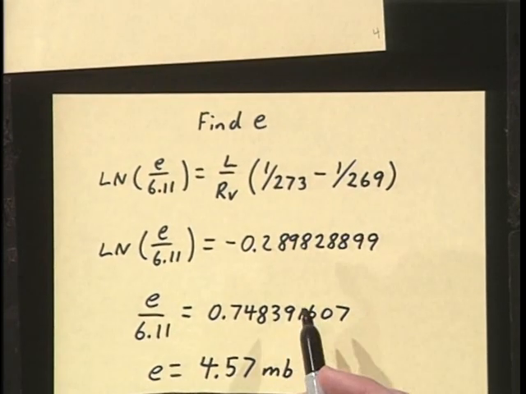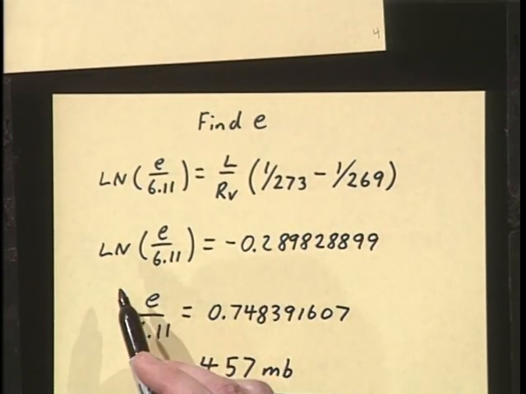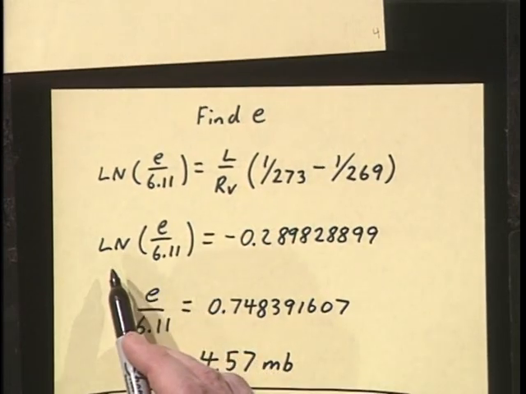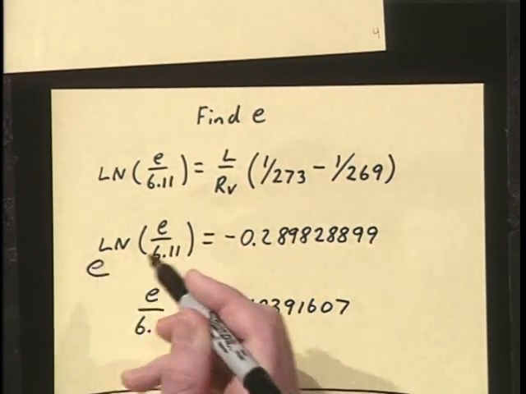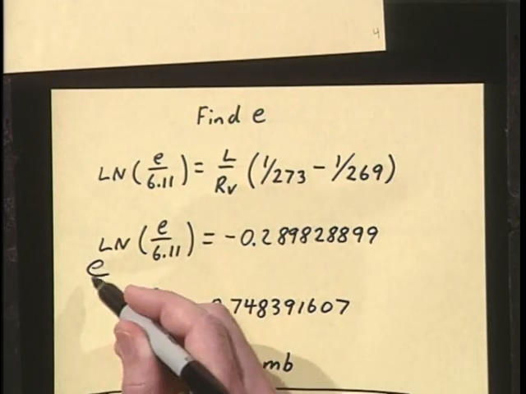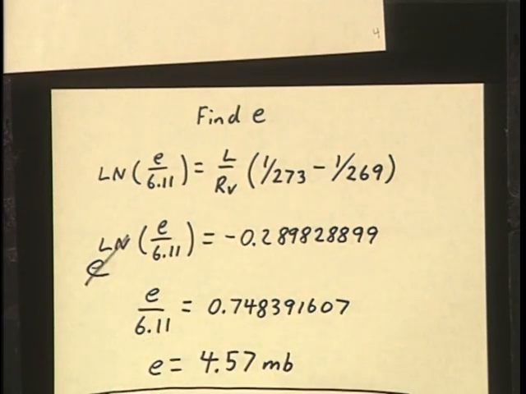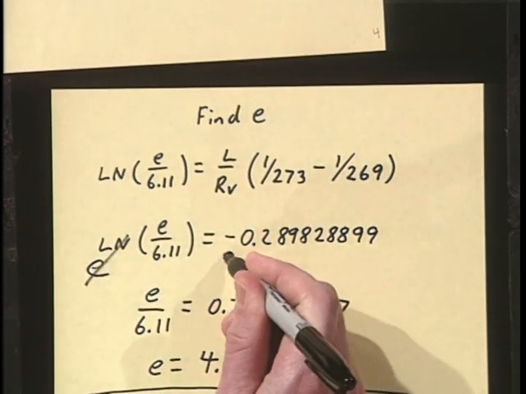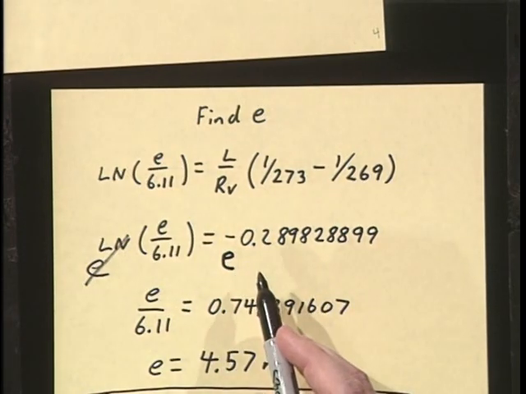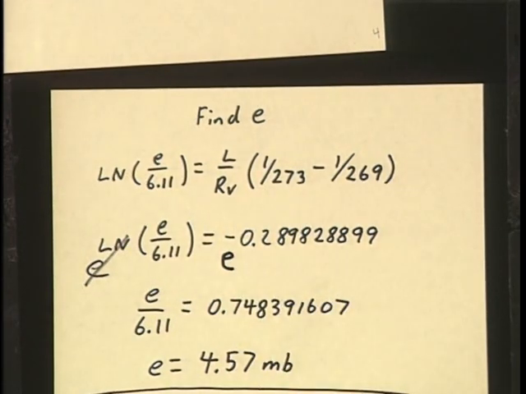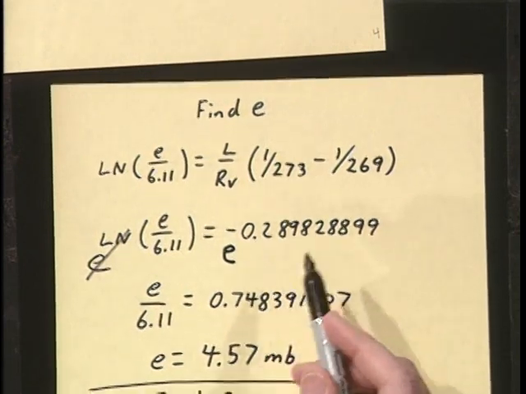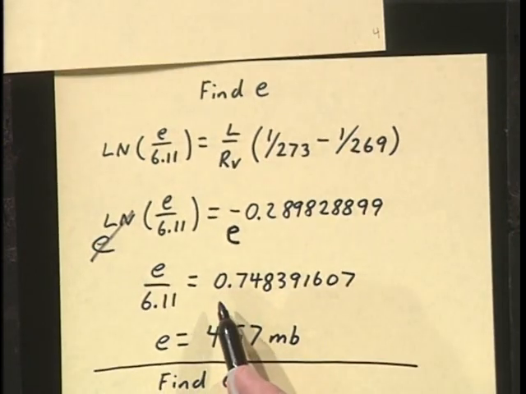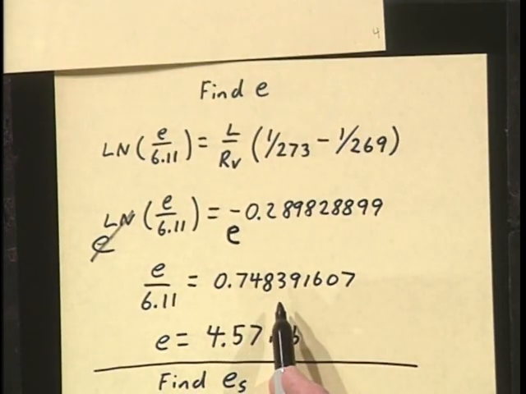And then you want to take the exponent of each side. So on the left side, taking the exponent of the natural log cancels that out. And so you're left with taking the exponent of the right side of the equation. And when you take the exponent of this number, you'll end up with 0.748391607.